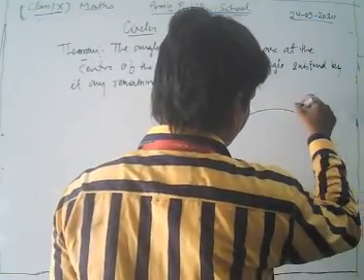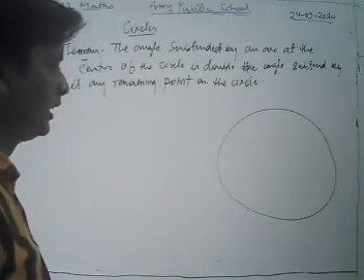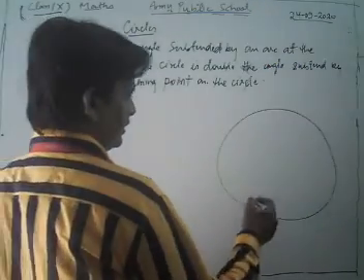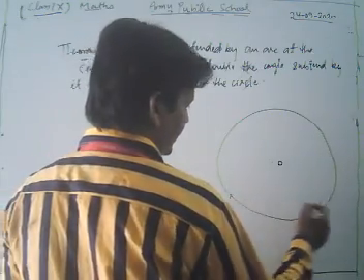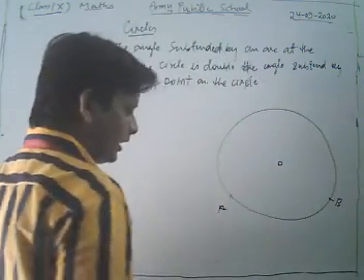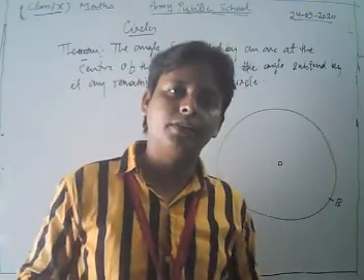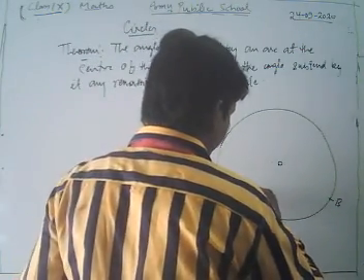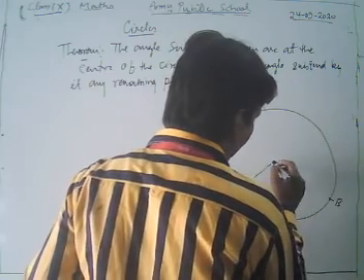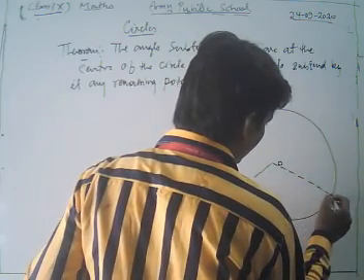First of all, we draw a figure. Look, dear students, here is a circle with center O. Suppose AB is an arc. What is an arc? You know that very well, a continuous piece of a circle. Now we join OA and OB.